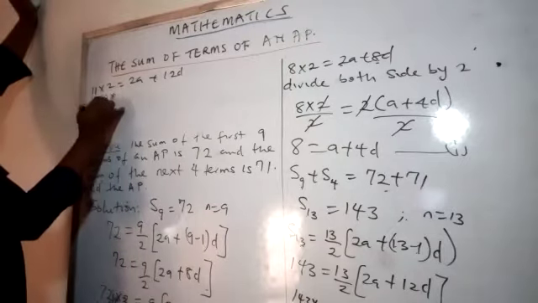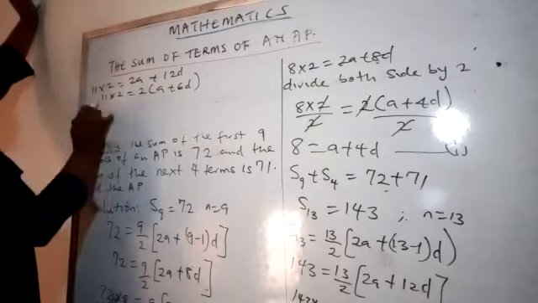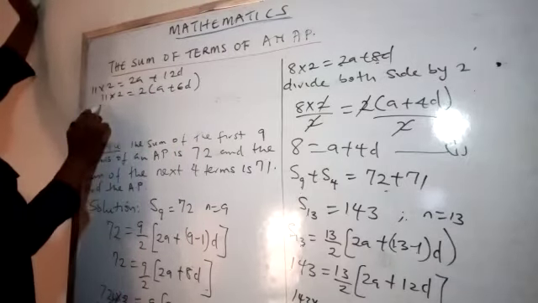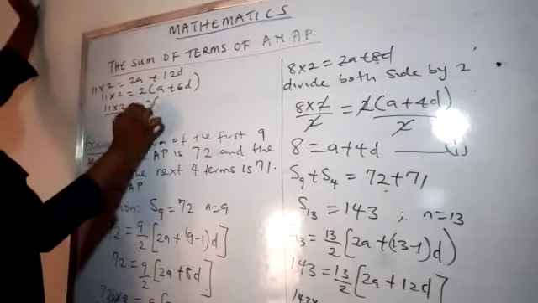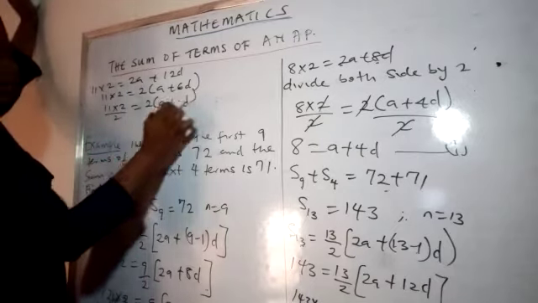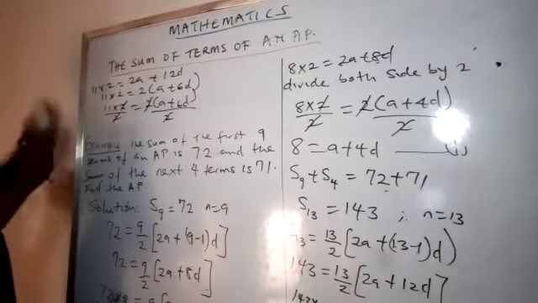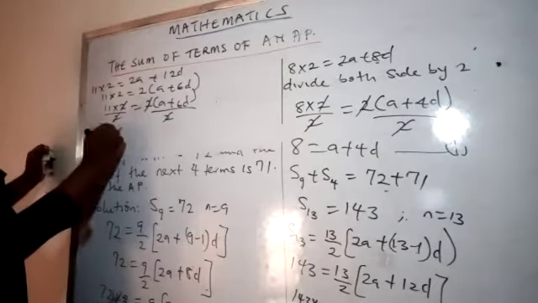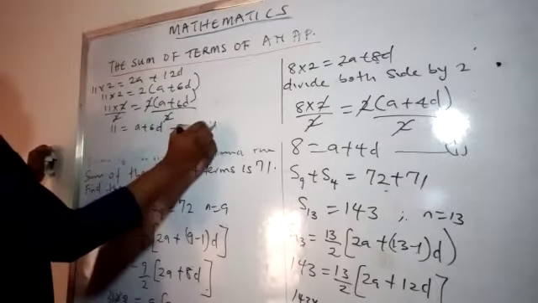I have 11 times 2 equals 2 into a plus 6d. I can divide through by 2. So I have 11 times 2 divided by 2 equals 2 into a plus 6d divided by 2. 2 cancels 2. So what I have next is what? I have 11 equals a plus 6d, equation 2.